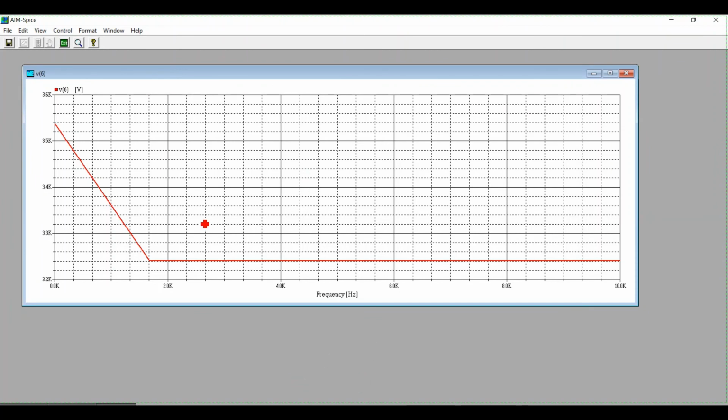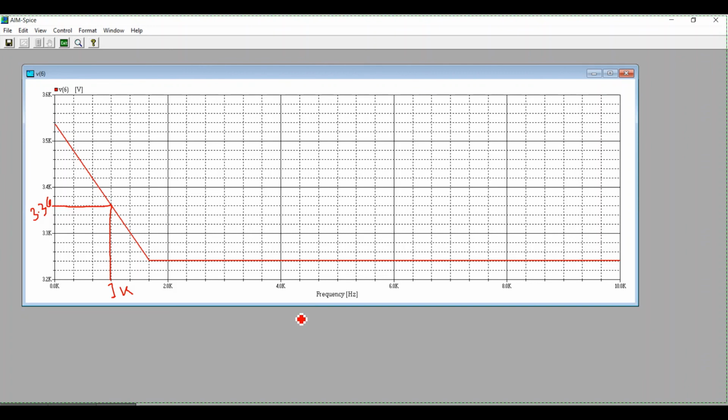So let's see, your 1K is approximately over here. So at 1K the output comes out to be over here, which is approximately 3.36.